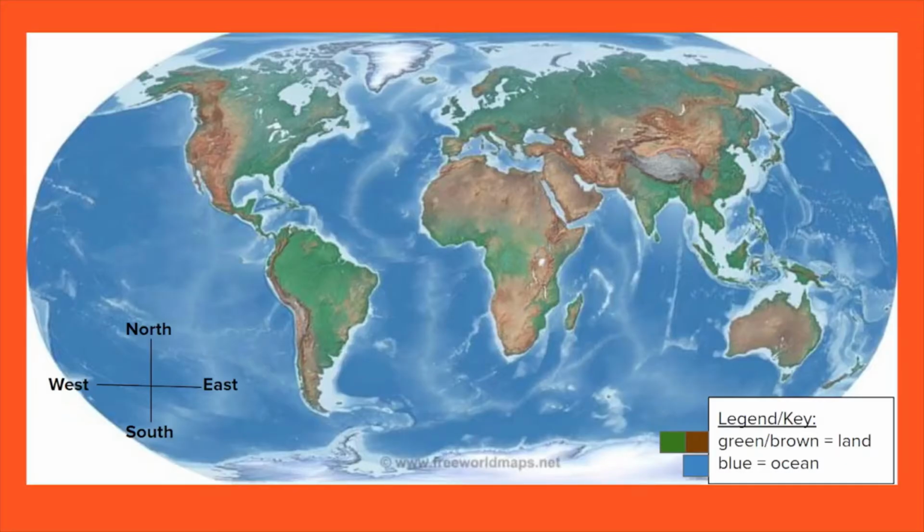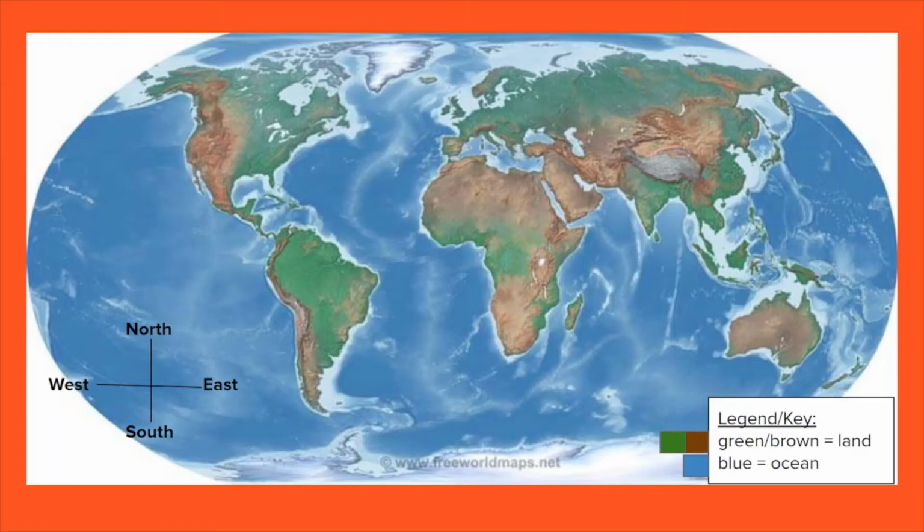Here we have a map of the world. We can see the directions on the left side. We can see the legend or key on the right side. Aquí tenemos un mapa del mundo.